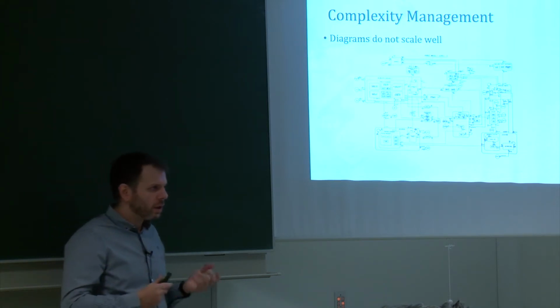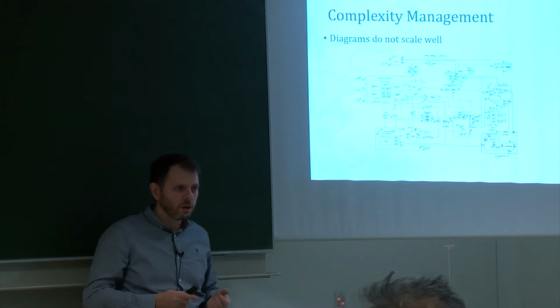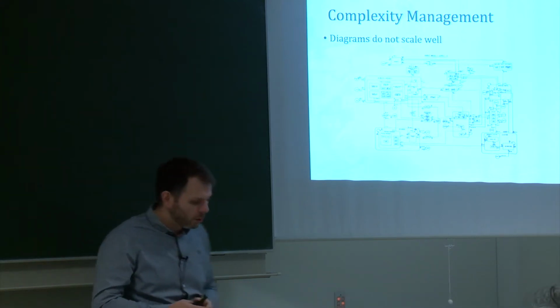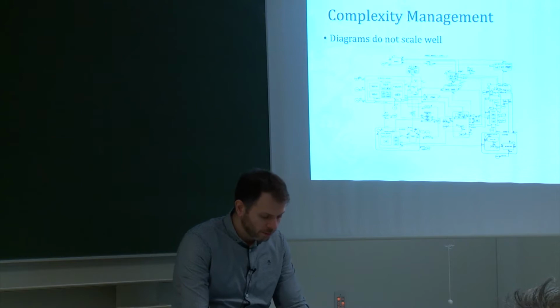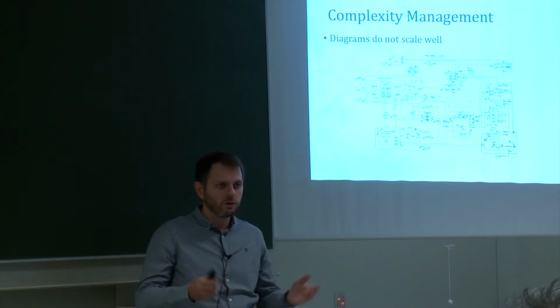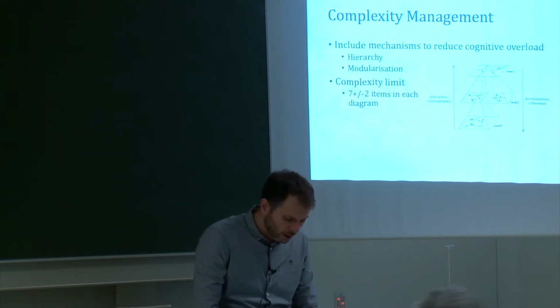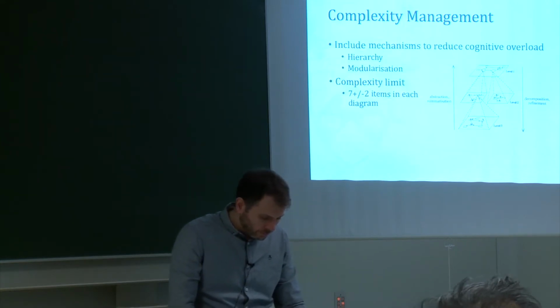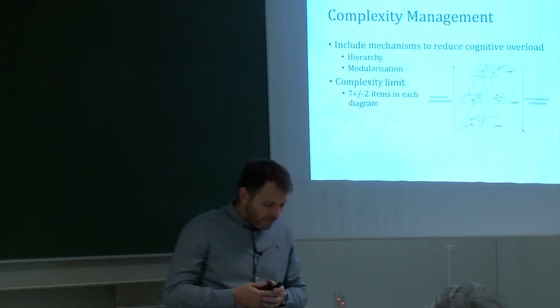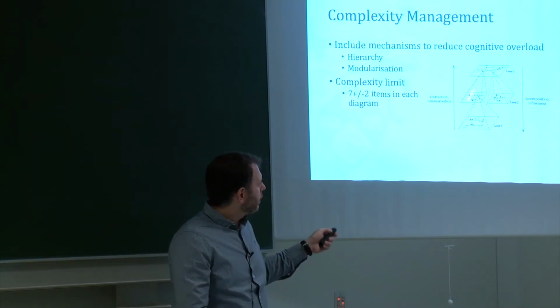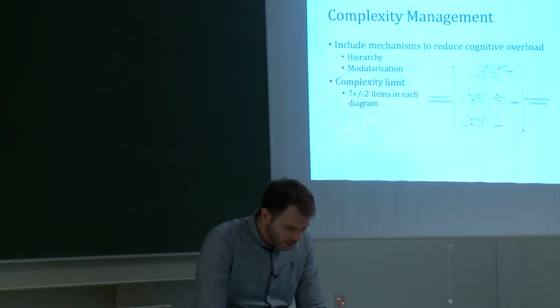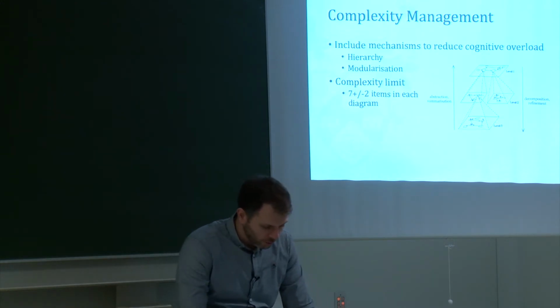So it's a feature that you need to seriously think about using every time you're designing a domain-specific language which will be used to construct models of more than 10, 20 elements. And we'll see how we can achieve this in GMF, in the Eclipse graphical modeling framework.